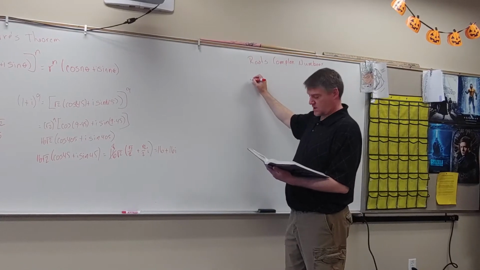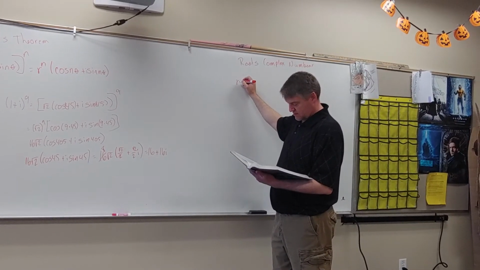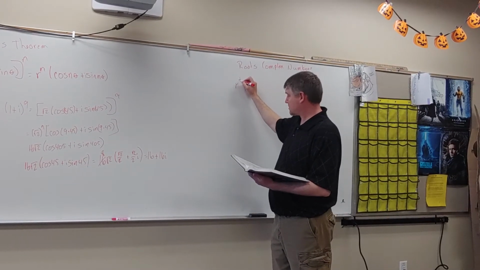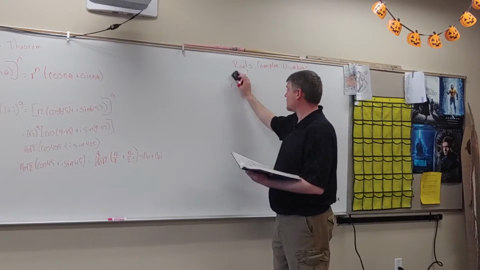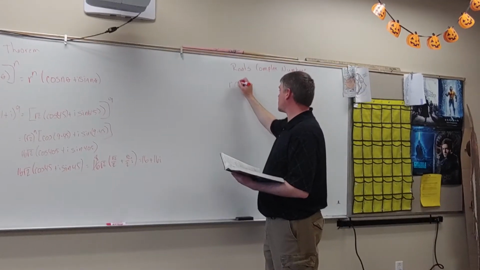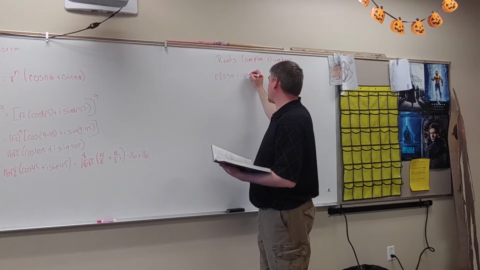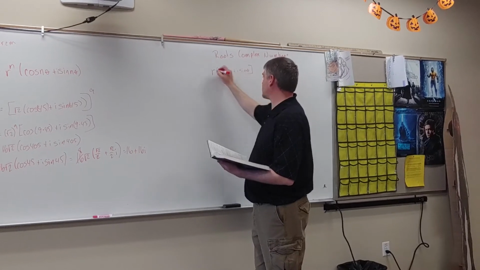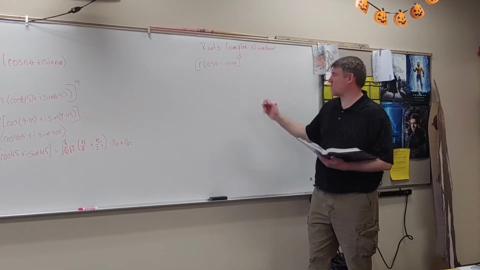If I have r cosine of theta plus i sine of theta, and I want to take that all to the nth root, so that's 1 over n.